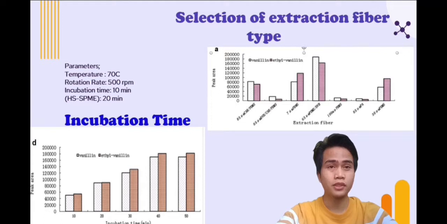The extraction capacity of 30 micrometer DVB or CAR or PDMS and 100 micrometer PDMS and 85 micrometer PA extraction fiber were relatively poor, while the 65 micrometer PDMS or DVB extraction fiber was the best. Therefore, 65 micrometer PDMS DVB extraction fiber was chosen based on the testing result.